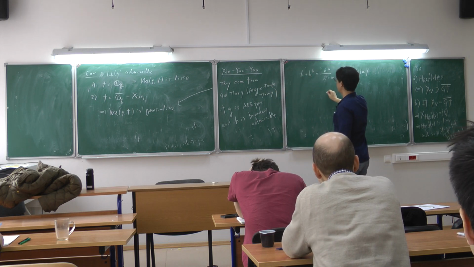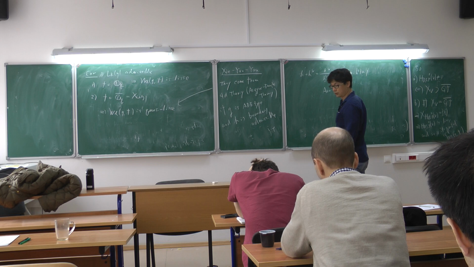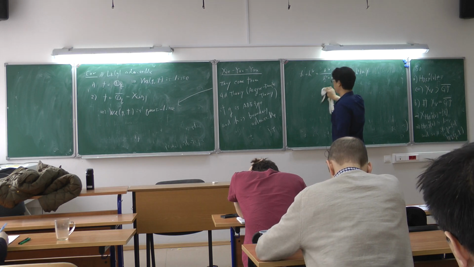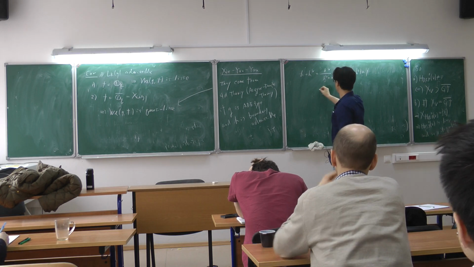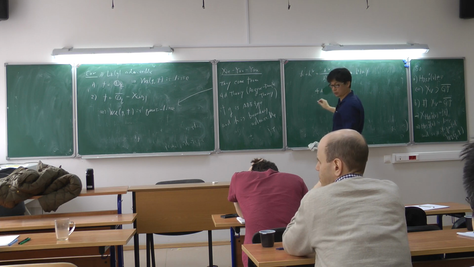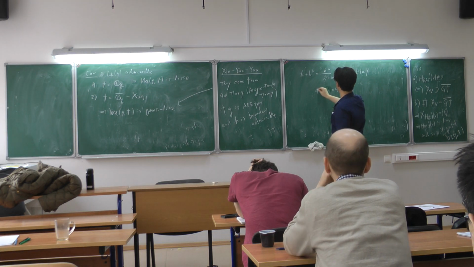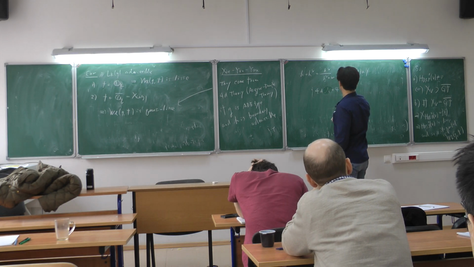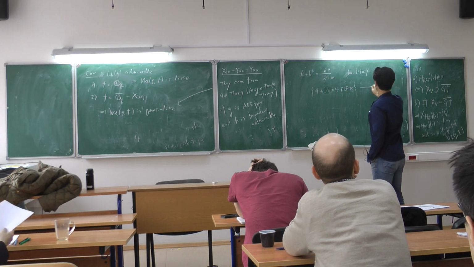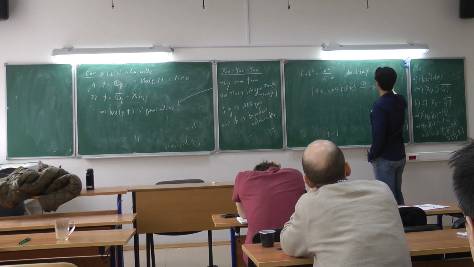So for this Douglas theory, maybe I summarize what I explained today. So you have a map from 4D theory to VOAs.